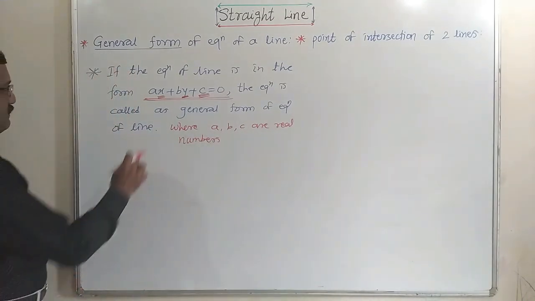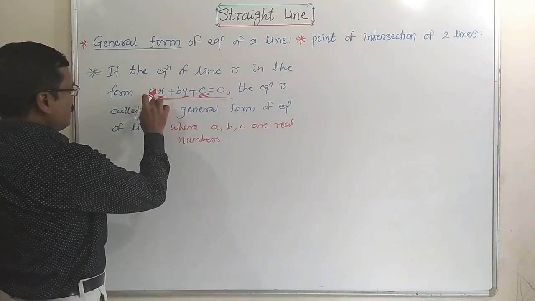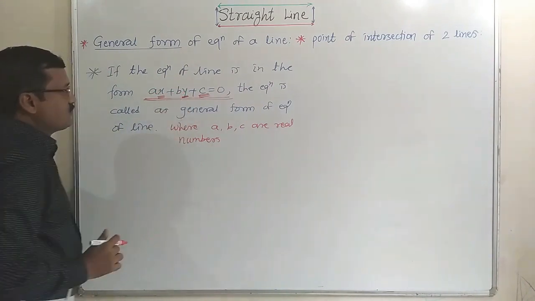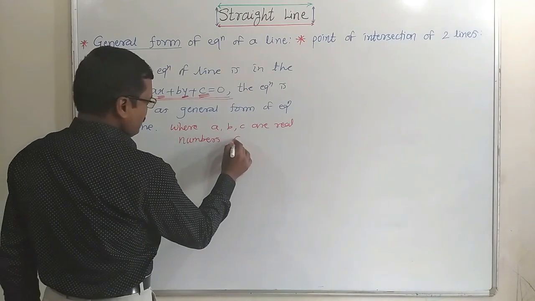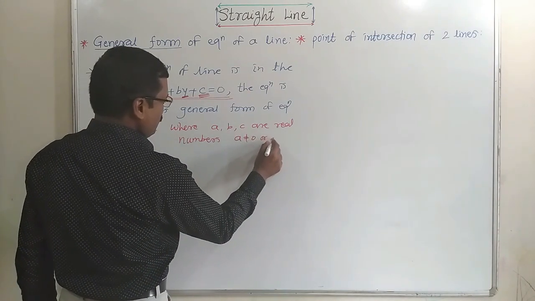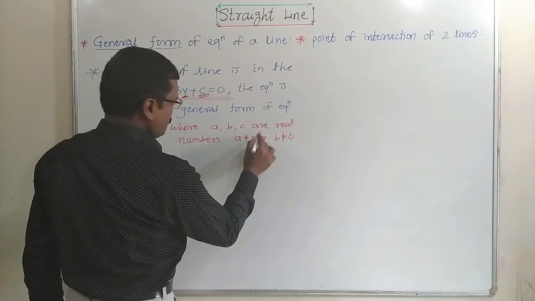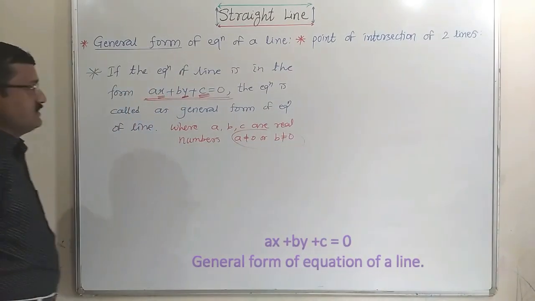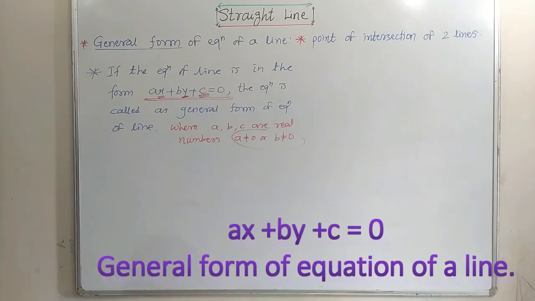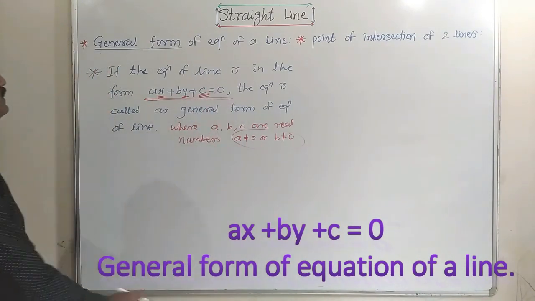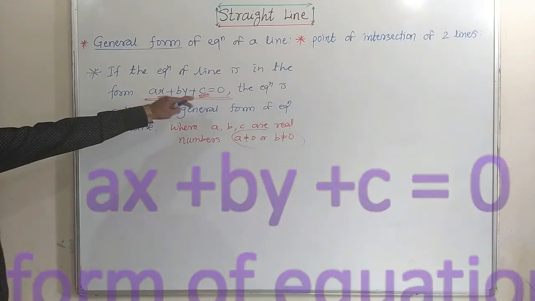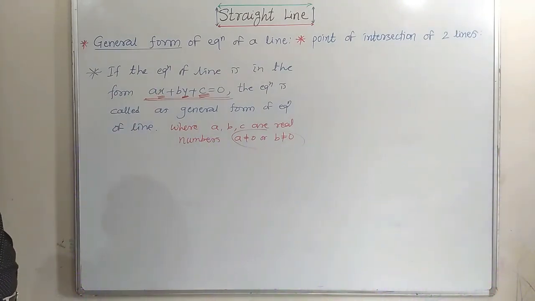Obviously, to become an equation of line, either a or b should not be equal to 0. At least a should be not equal to 0 or b is non-zero. This condition is essential here. So if a is not equal to 0 or b is not equal to 0, then this is the general form of equation of line, or this equation becomes an equation of line.